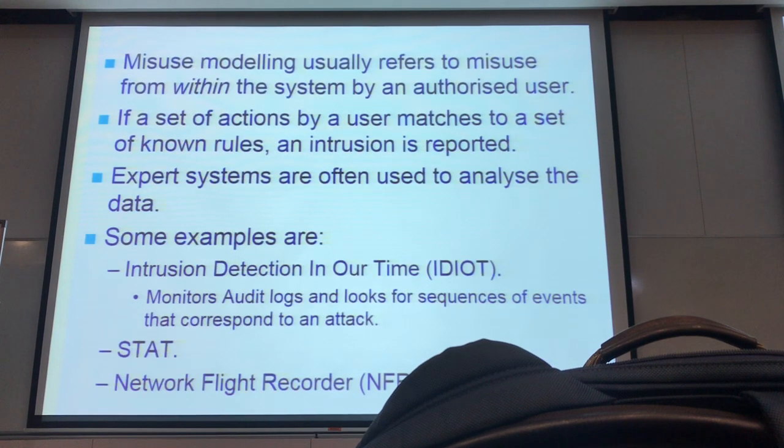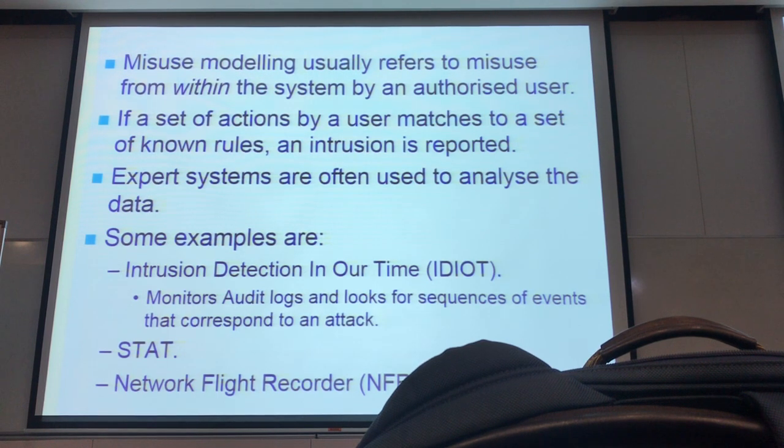We can use different tools to collect the pattern and then compare against it. If we use misuse or signature-based detection, we need a database. The database needs to store all the bad behaviors and sequences.